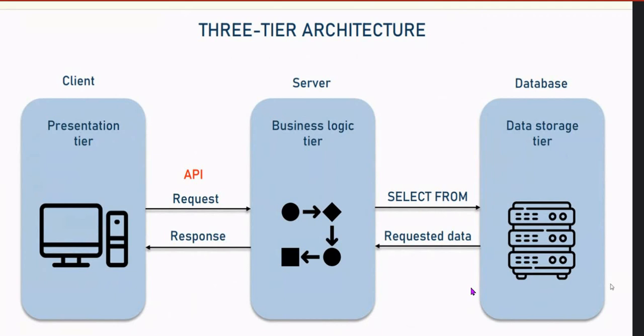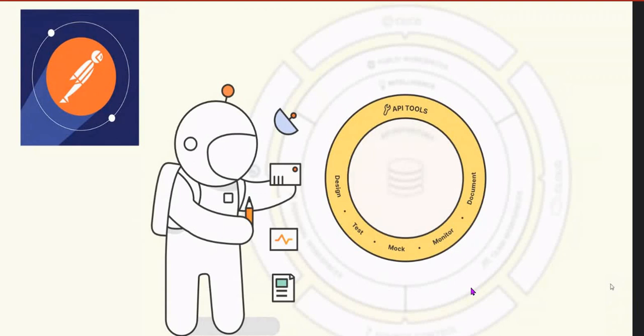reliability, performance, and security. An API doesn't have a graphical user interface. So API testing is done using tools like Postman, REST Assured, SOAP UI, API Fortress, etc. One of which is Postman, where APIs are easily explored, debugged, and tested.